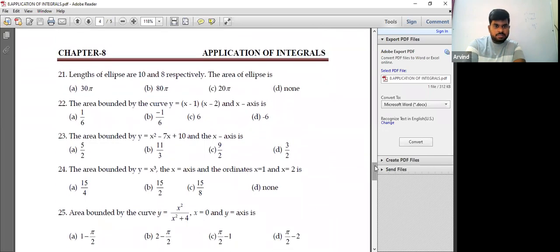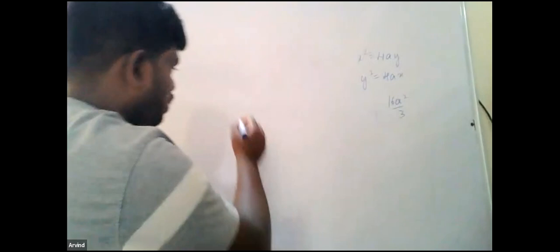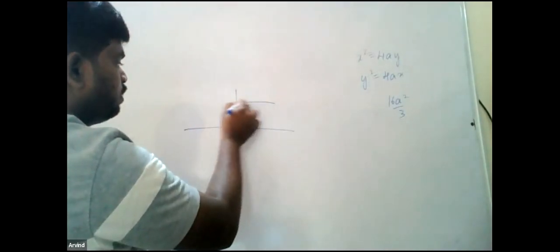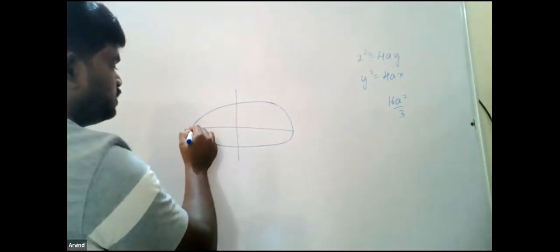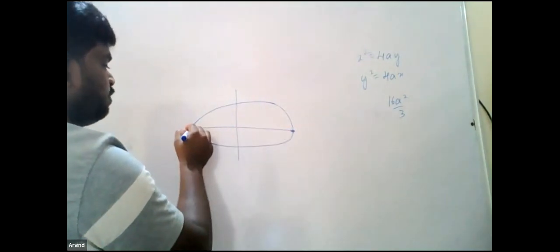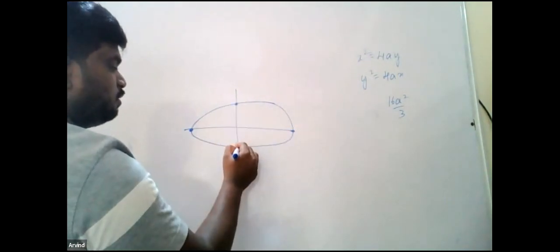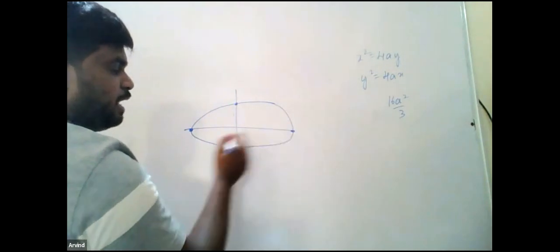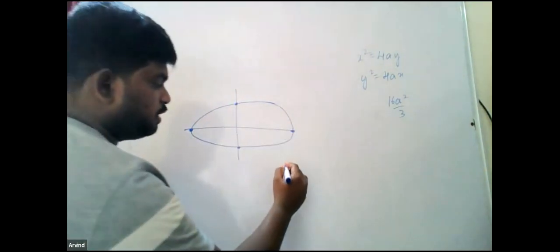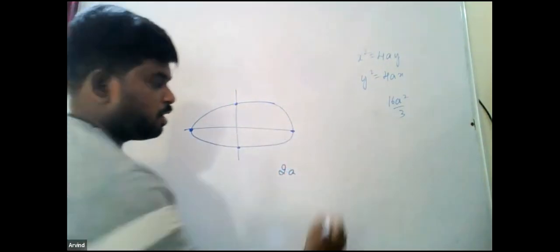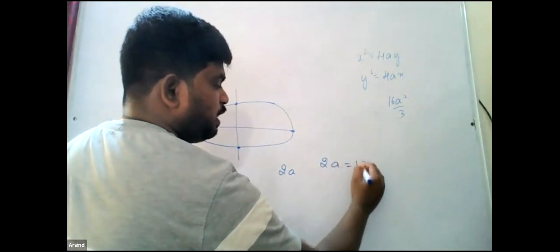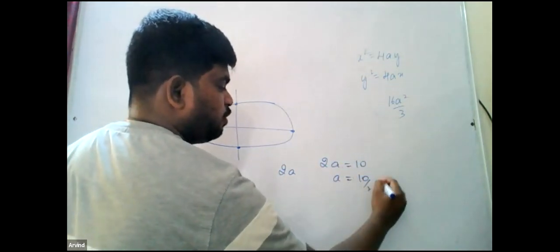The lengths of the ellipse axes are 10 and 8 respectively; find the area of the ellipse. The length of the ellipse means from one end to another end. If I draw the ellipse, from this end to this end is the major axis, and the minor axis similarly. From here to here is 10, so the total is 10. Usually the length is 2 times A. 2A is equal to 10, so A is 10 by 2, that is 5.